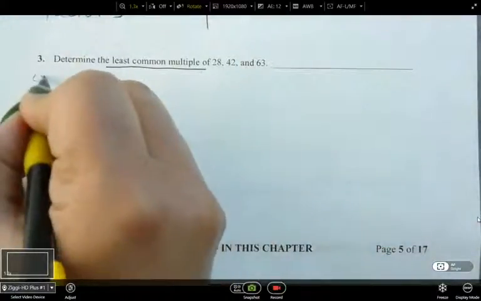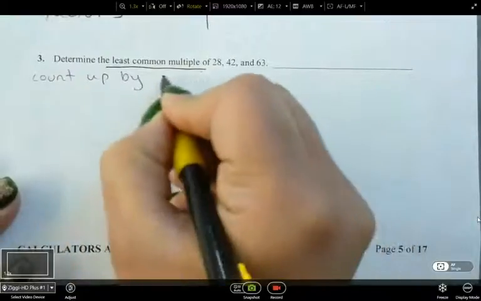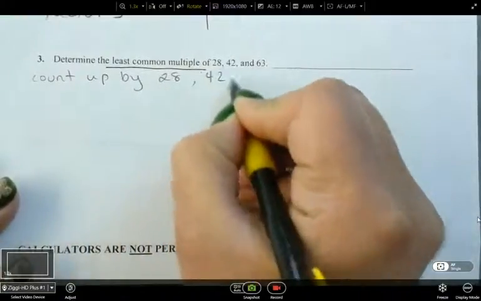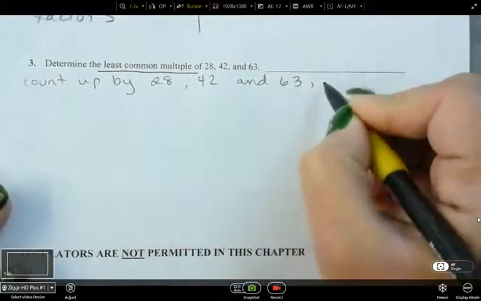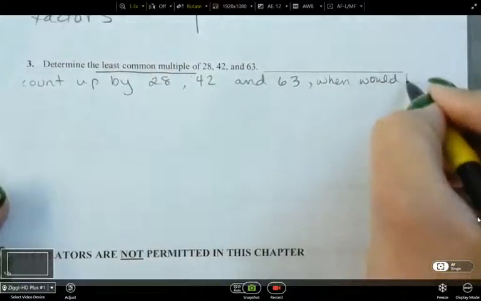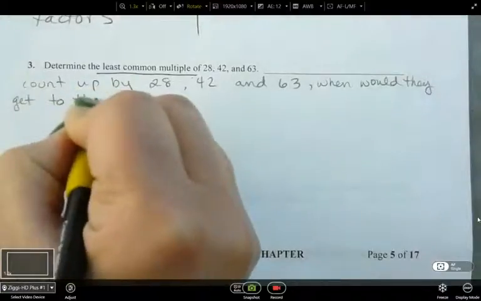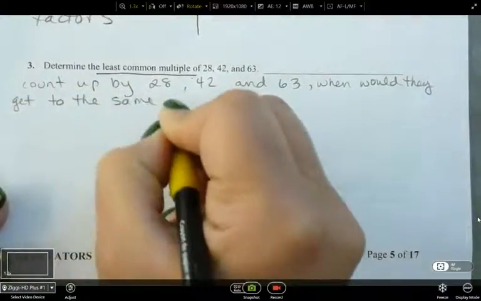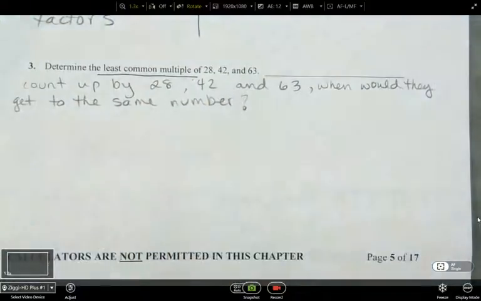So we're counting up by, if we were to count up by 28, 42, and 63, when would they get to the same number? That's what we're looking for. When would they get to the same number? That's what we're trying to figure out, okay?